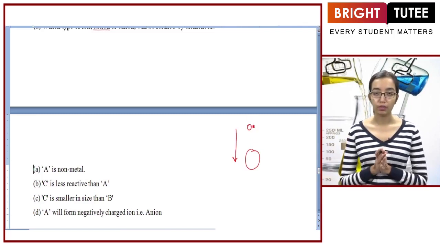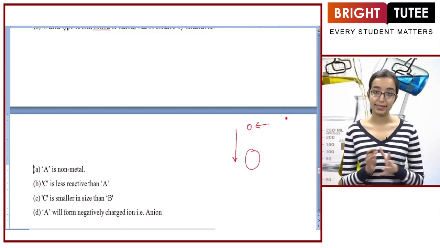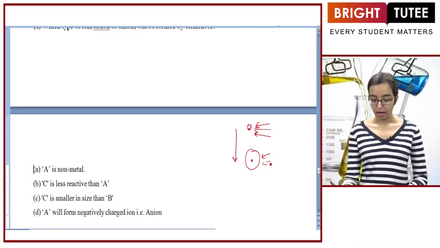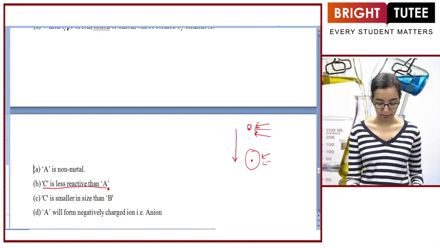So as we go down the group, the atom becomes bigger, and that is why the pull that it exerts on an outer electron is lesser. So this would pull an outer electron with much stronger force as the nucleus is closer to the outer shell, whereas here the force would be relatively less. And that is why as we go down the group, the elements become less reactive, and that is why C is less reactive than A.